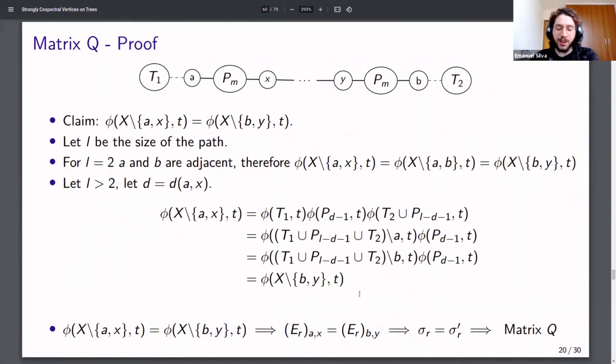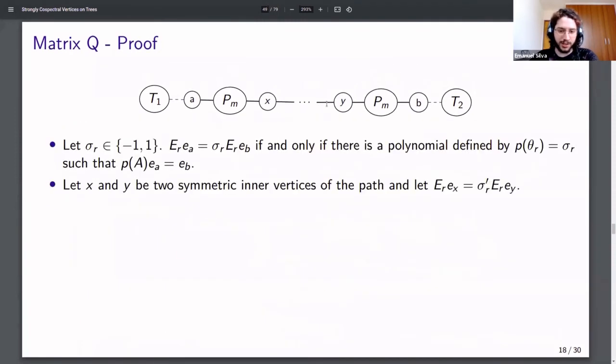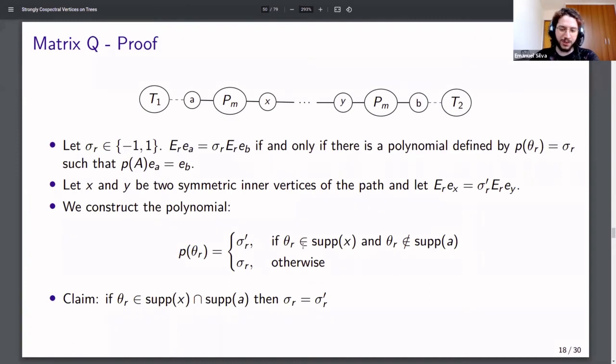Not every matrix which satisfies those constraints that swaps A and B is also going to swap X and Y. So here previously I made a choice of the mapping for the eigenvalues that are not in the support of A. So not always the matrix of the strong cospectrality theorem that I said earlier is going to swap A and B. But between all of the matrices that swap A and B, there exists one that's going to swap not only A and B, but also X and Y.